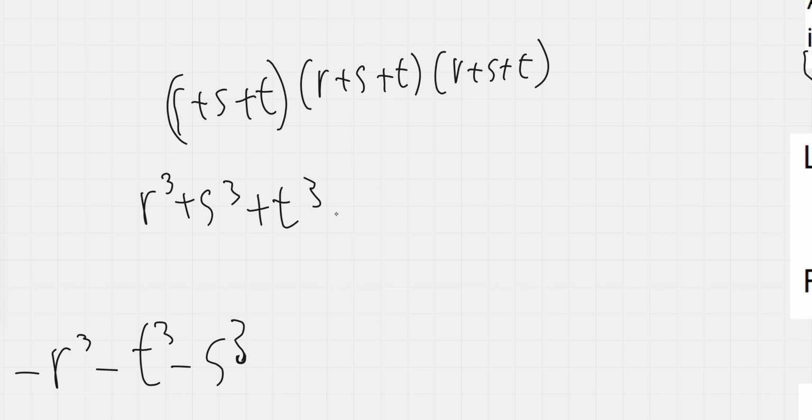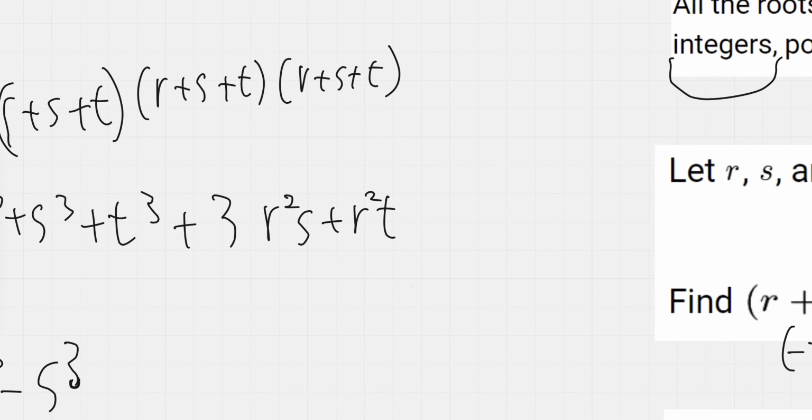If you have R squared in general, you can find R squared times S plus R squared times T. And you also have a couple selections of which R you're going to pick. So you can pick that R, or that pair of R, or that pair of R. 3 pairs of R you can pick. So it's going to be 3 of those.